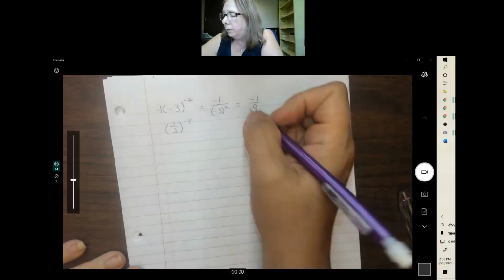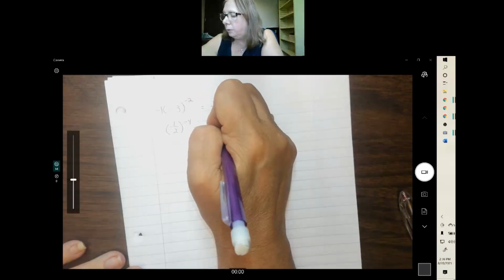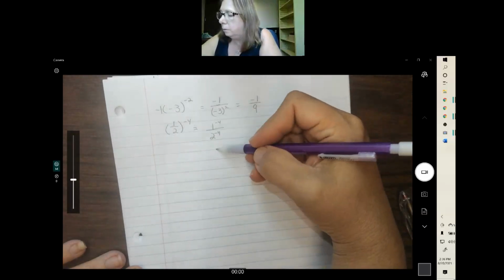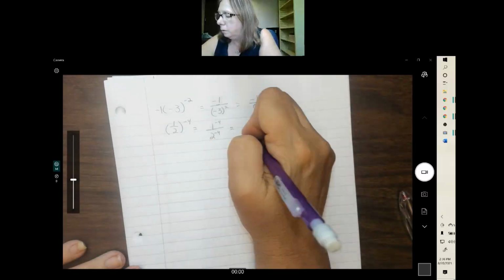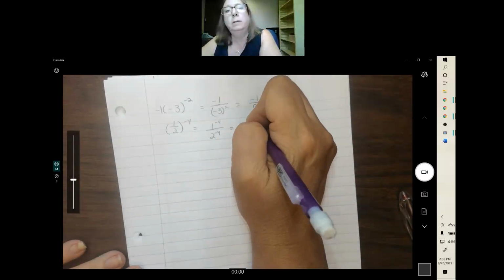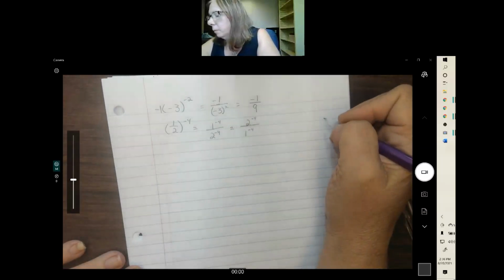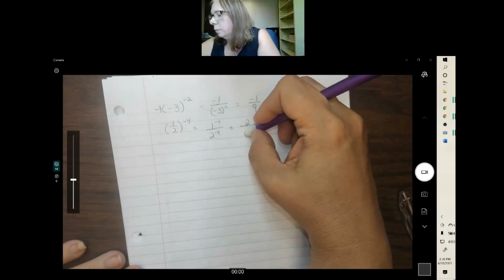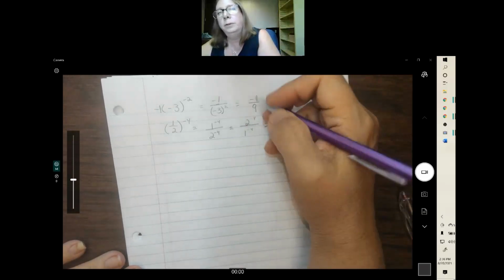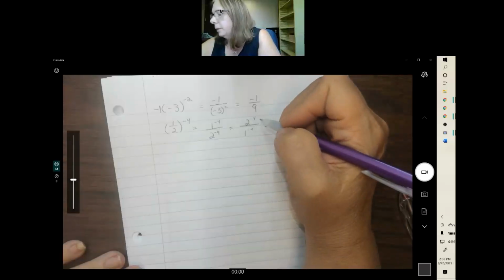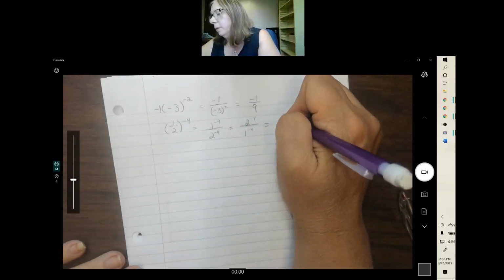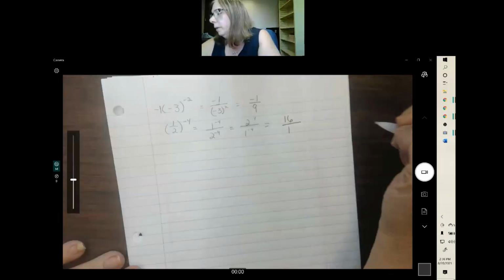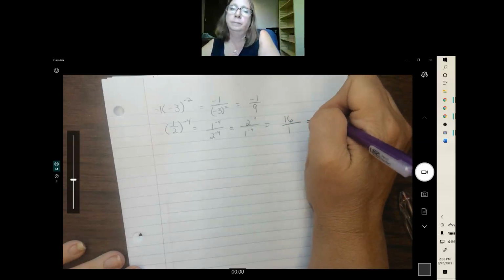Because if we have 1 to the -4 and 2 to the -4, we need to move this down and this up to make them positive. And then 2 to the 4th, 2 times 2 is 4, times 2 is 8, times 2 is 16 over, since this is 1 times 1 times 1 times 1, you don't have to have that 1 in the bottom, it could just be 16.